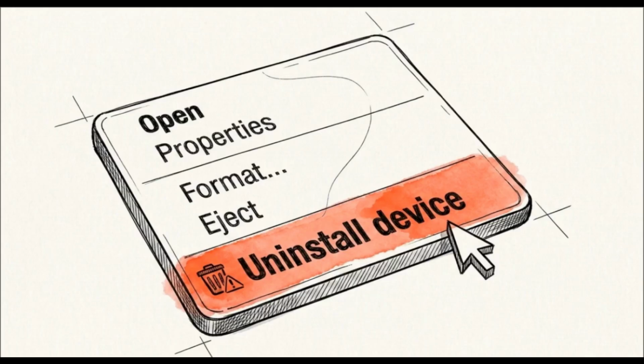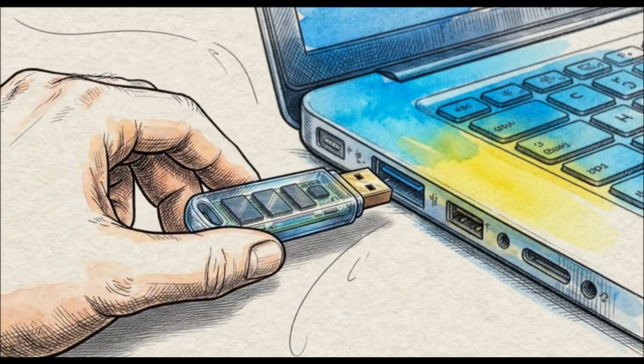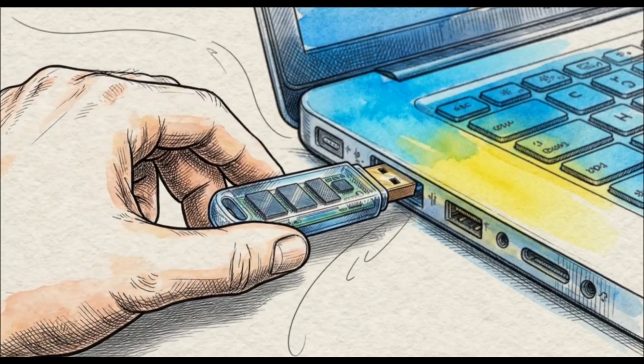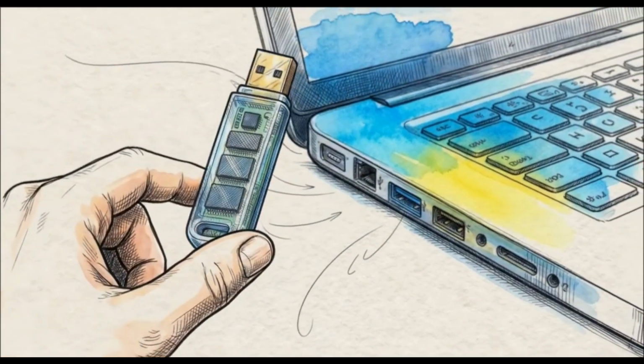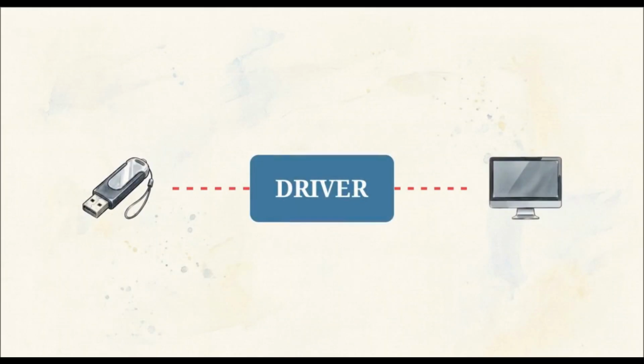If the automatic update does not find a solution, right-click the flagged item again and execute a complete Uninstall Device command. Disconnect the USB drive and restart your PC. This forces Windows to cleanly rebuild the driver from scratch when the hardware is reconnected. Resetting these drivers addresses the software translation errors that commonly prevent the hardware and OS from acknowledging each other.